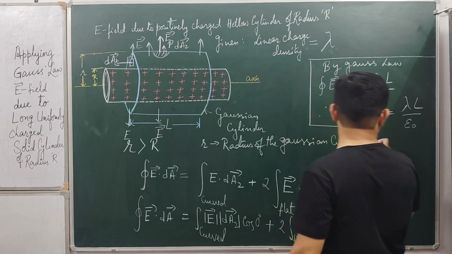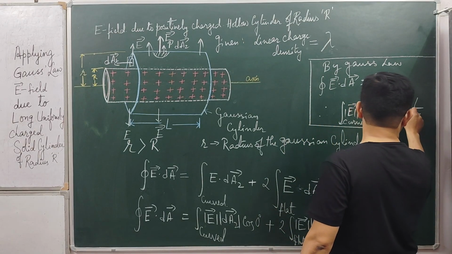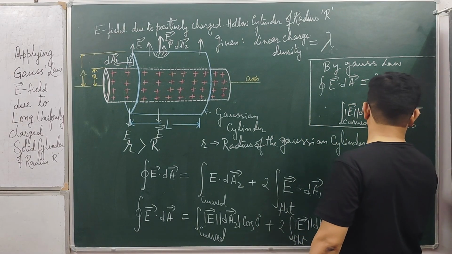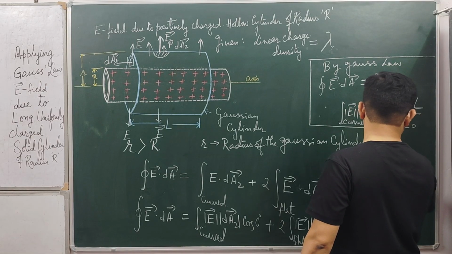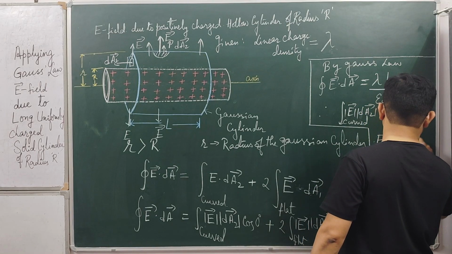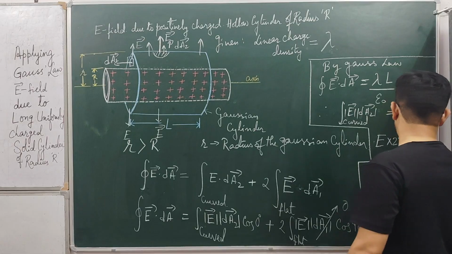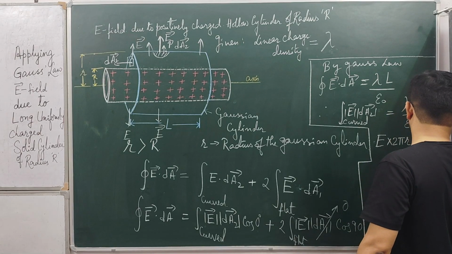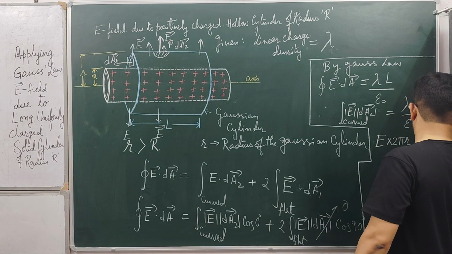So we get lambda times L equal to E times 2 pi r L, and this comes out to be lambda L over epsilon naught.